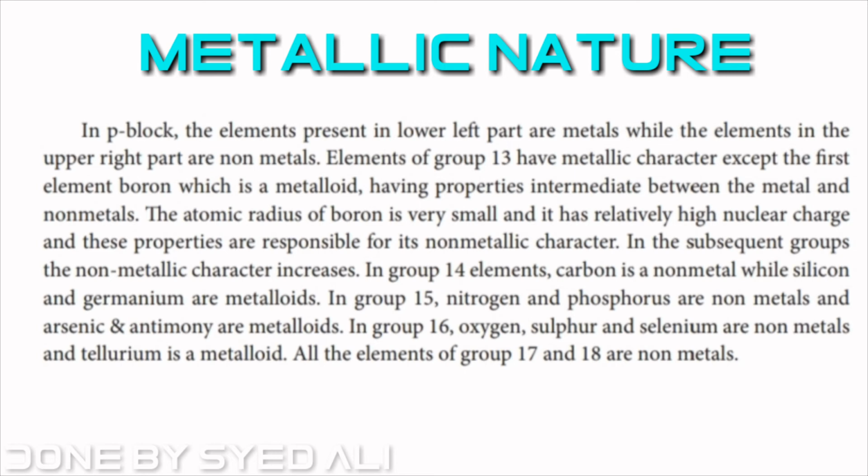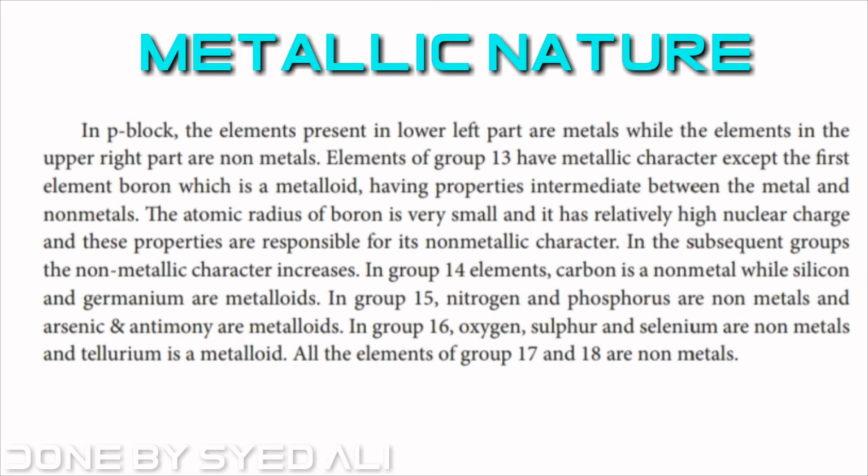Elements of group 13 have metallic character except the first element, boron, which is a metalloid, having properties intermediate between metals and non-metals. The atomic radius of boron is very small and it has a relatively high nuclear charge, and these properties are responsible for its non-metallic character. In the subsequent groups, the non-metallic character increases.